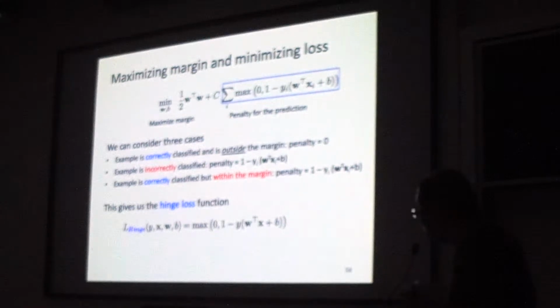But here things become more complex: we have three possible cases, and for each case we get a different penalty. We call this loss function the hinge loss function. It is a very well-known loss function in machine learning. It is the max between 0 and 1 minus the product of the ground truth label and your decision score.